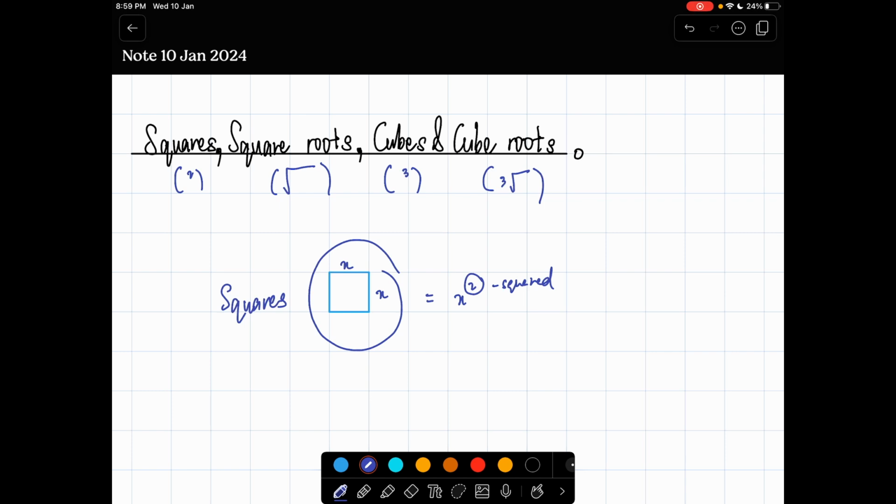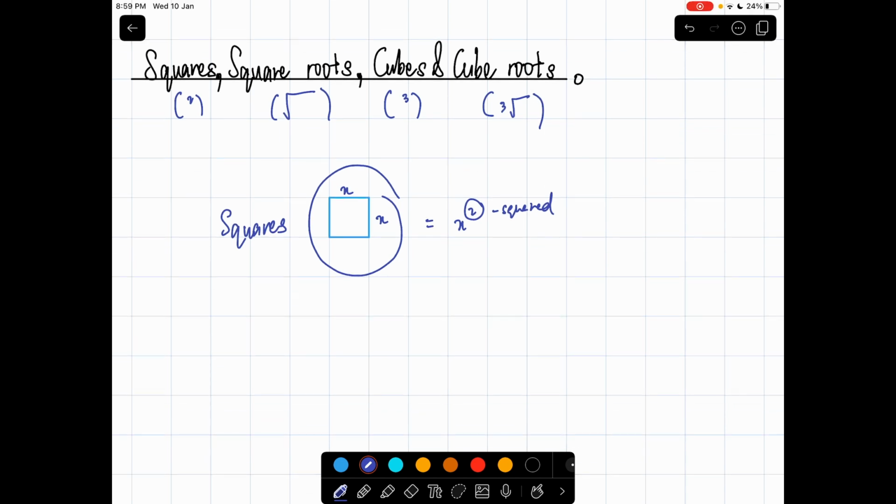Okay. So if someone asks you 3 squared, what you can do is visualize a square and then assume that the side of the square is 3 centimeters, or 3, just 3. Then if one side is 3, the other side must also be 3. So just find the area of the square.